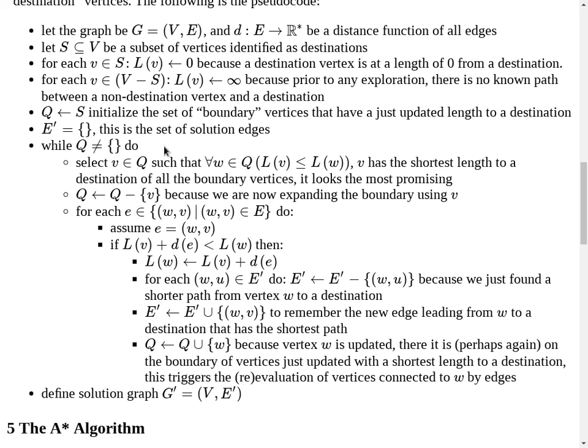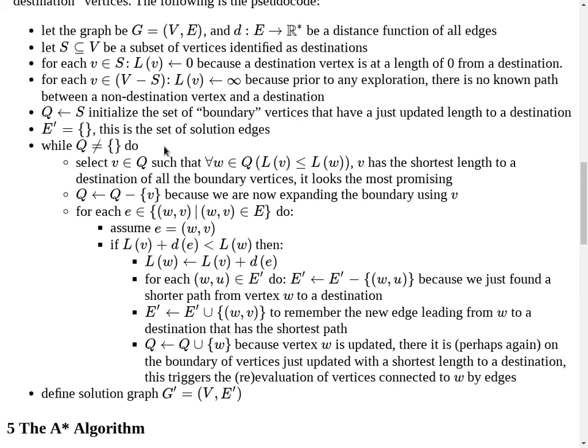And then the next question is a comparison. Whenever we have a comparison or a condition, it is really significant because it is a point of decision making. So that usually has a lot of significance in any algorithm. This one is asking, is the current L of V value plus D of E less than L of W?